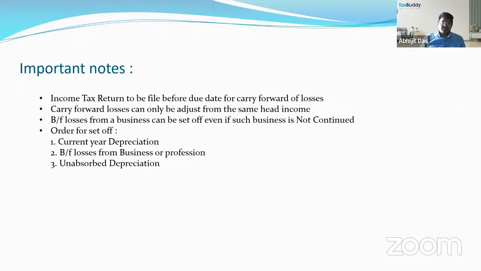Brought forward losses from business can be set off even if business is not continued. In that case, the order of set off is current year depreciation firstly, then brought forward losses from business and profession, and thirdly, unabsorbed depreciation will be adjusted.